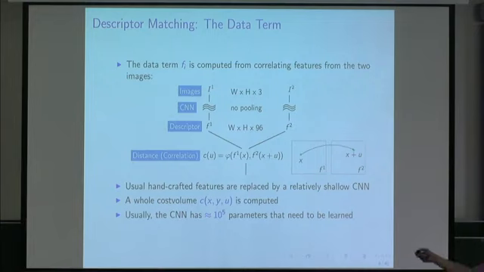Then you need to compare the feature vectors of the left image and the right image exhaustively for each disparity. This is expressed with this function phi, which can be simply an inner product, or it could be an L1 norm or quadratic distance, whatever you want. When you do this exhaustively for all different disparities, what you have in the end is a cost volume. It has the size of the image times the number of different layers.